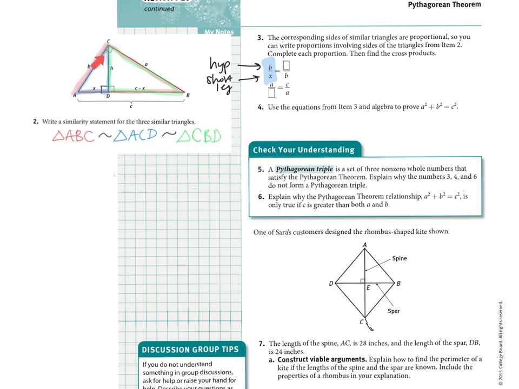Is it the green triangle or the red triangle? That's right, it's the red triangle. So we know that we're filling this in with the red triangle information. So we can see that this is the short leg. So we want the hypotenuse of the red triangle, which is C. So we're going to go ahead and fill this in up at the top as C.